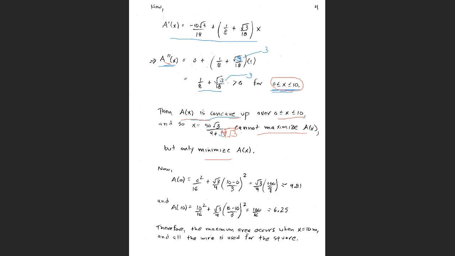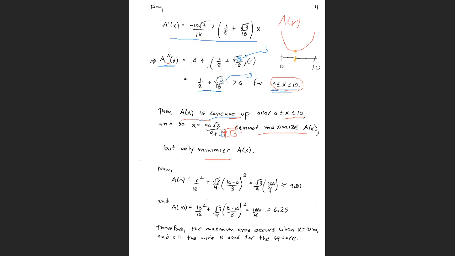Because if this is your area function, it's concave up everywhere from 0 to 10. And then right here is your critical value.